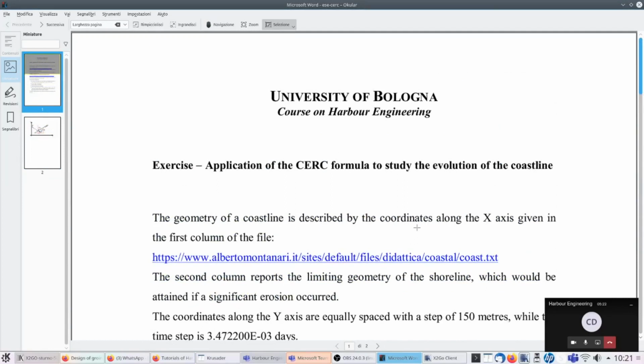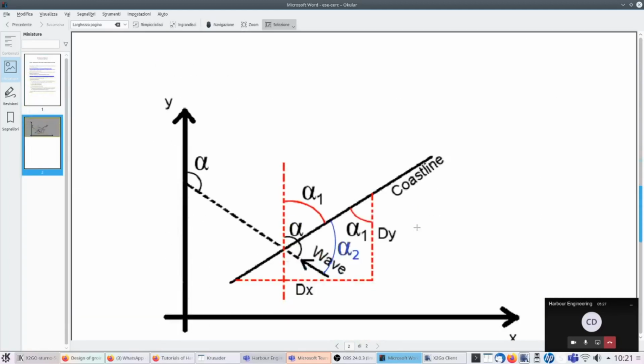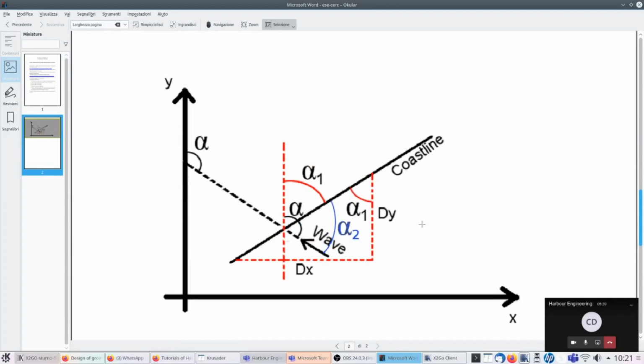I just want to remind you that there is this graph here, which is useful, and we will see later how to use this sketch in order to develop our exercise. It is extremely important to understand what kind of data the individual observatories give to you.